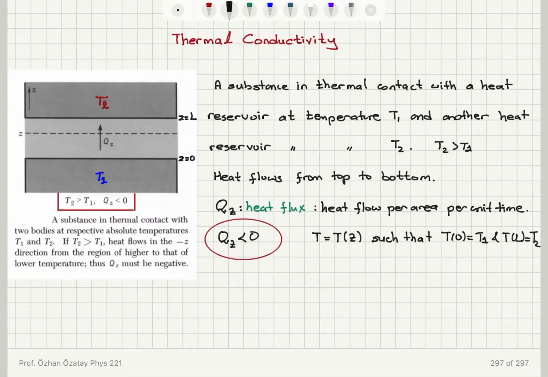Now, the heat flux QZ depends on the gradient of temperature, and as you can see, while the temperature is increasing from bottom to top, the heat is flowing from top to bottom, so we need to introduce a minus sign. So there is the proportionality constant Kappa multiplied by the temperature gradient del T del Z for one-dimensional heat flow.